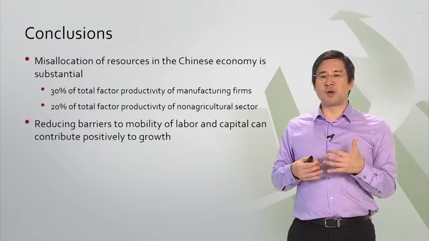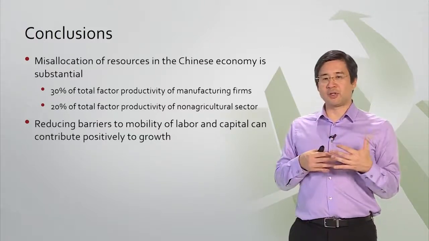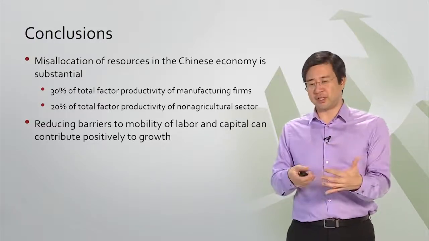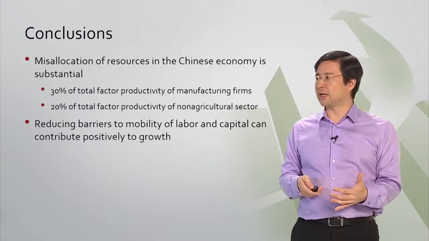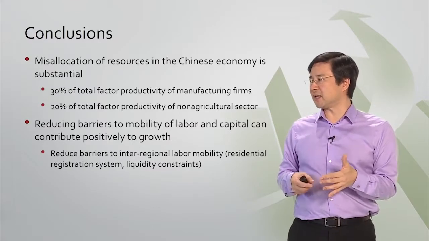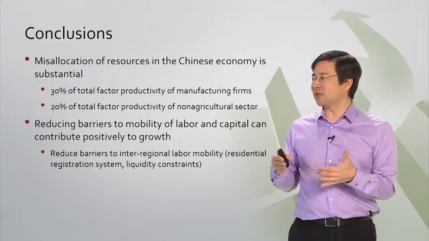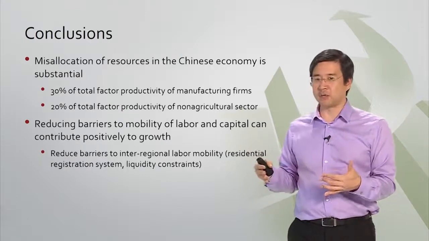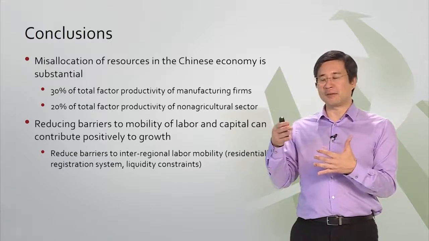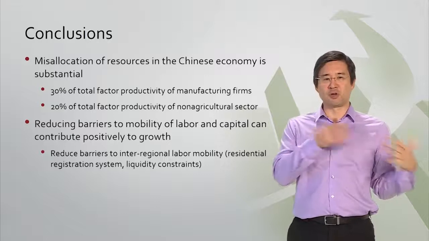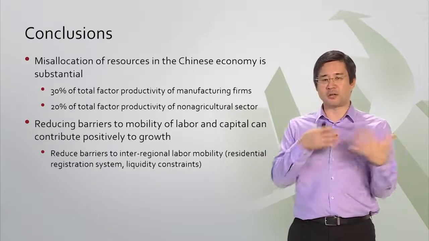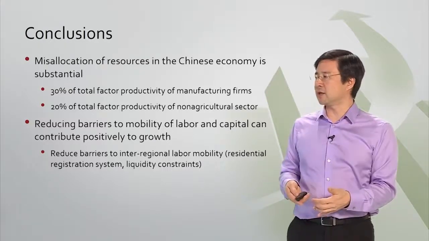Reducing barriers to mobility in both labor and capital thus can contribute positively to growth going forward. And in particular, the results suggest that much can be gained by reducing the barriers to interregional labor mobility, which is probably related to institutional differences in the treatment of rural residents and urban residents and various types of hardships that migrants may be facing in urban areas.